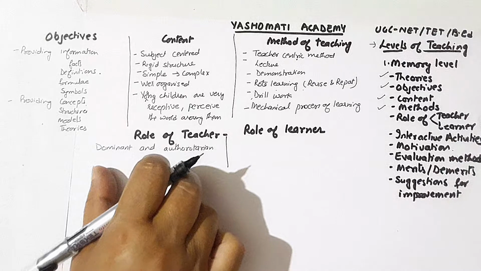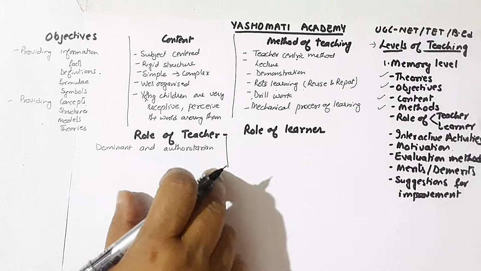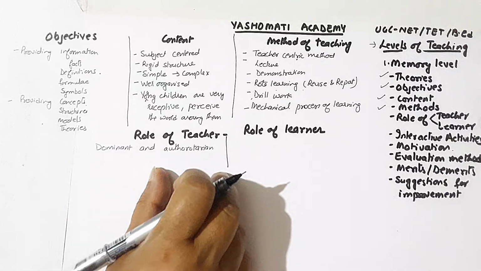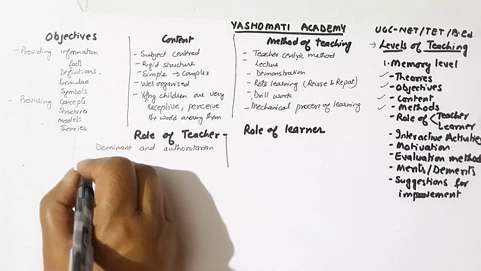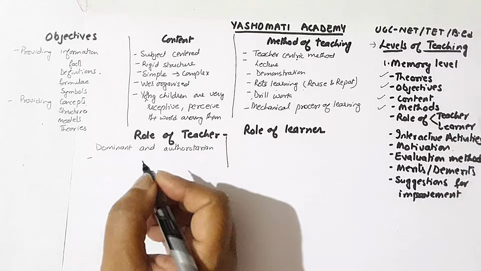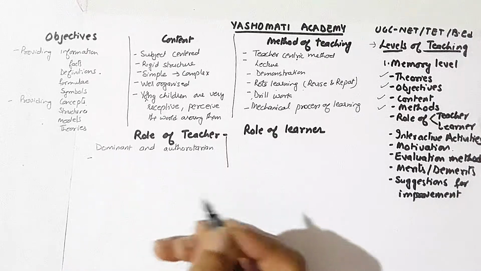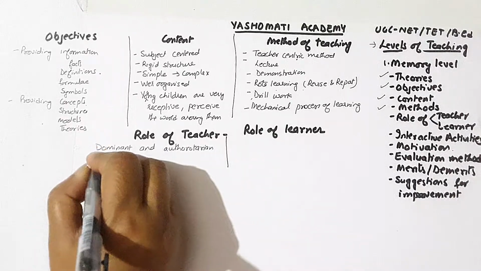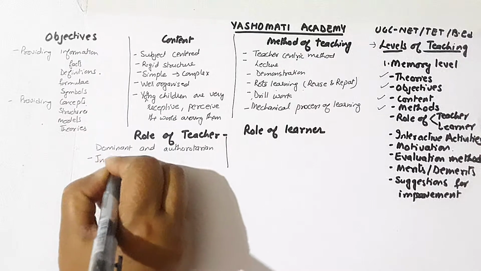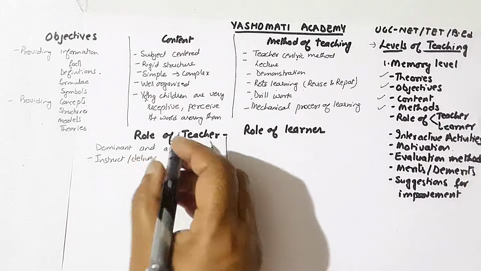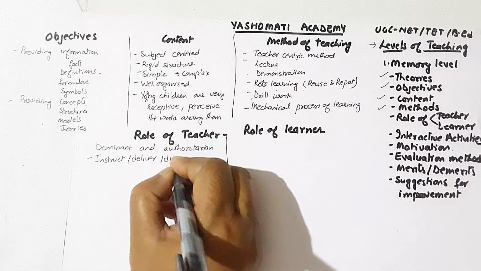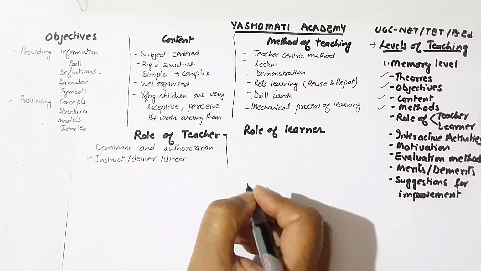He has to have that much experience so that he takes the authoritarian place, because the teacher will be the leader of this type of teaching, and he will instruct, deliver and direct the learning.